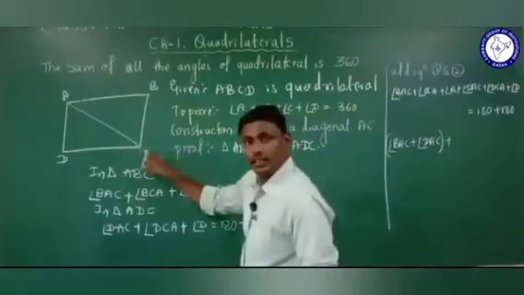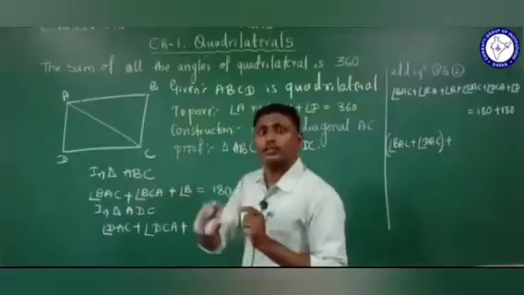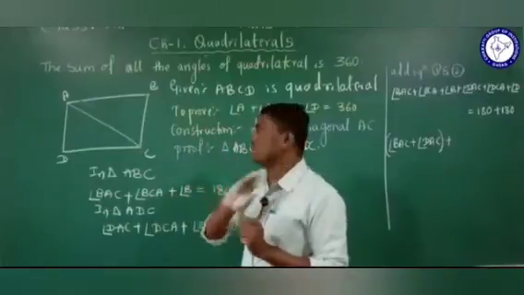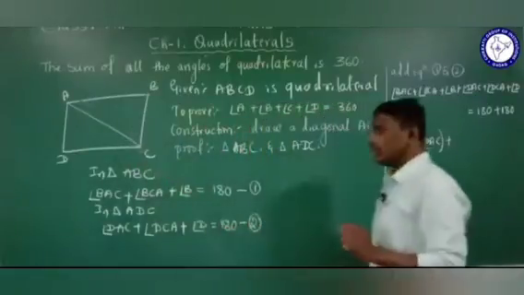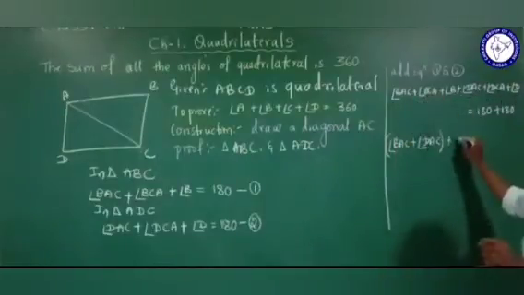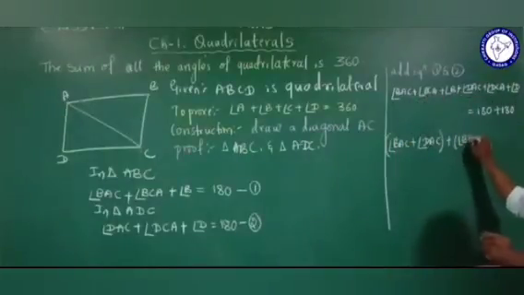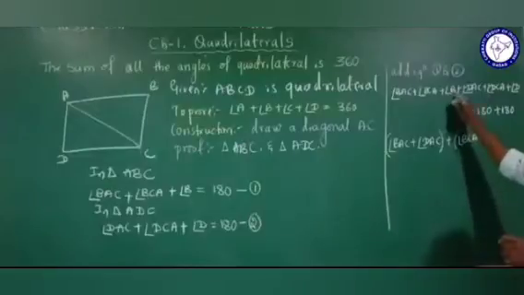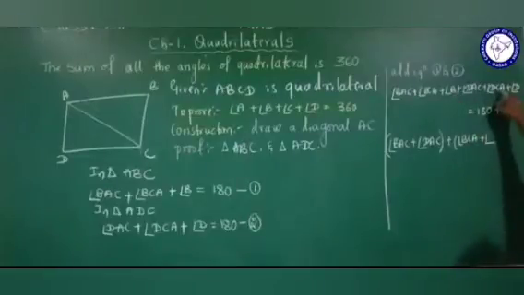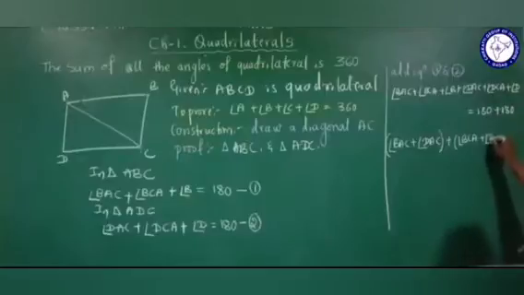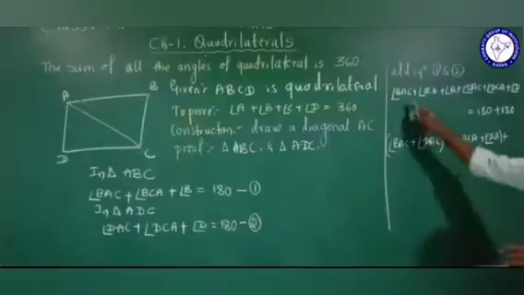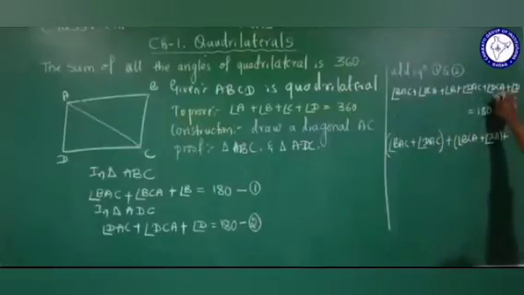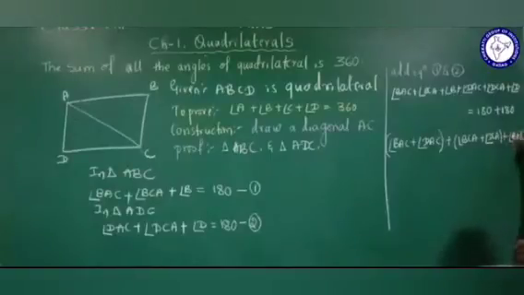Similarly angle C is divided into two angles. We need to get one complete angle by adding these two, right? So angle BCA plus one more at vertex C, angle DCA, plus the remaining two angles, which are already complete: angle B plus angle D, right?